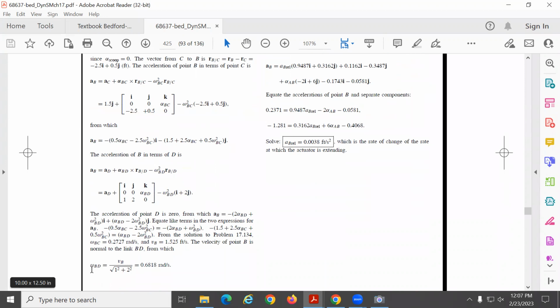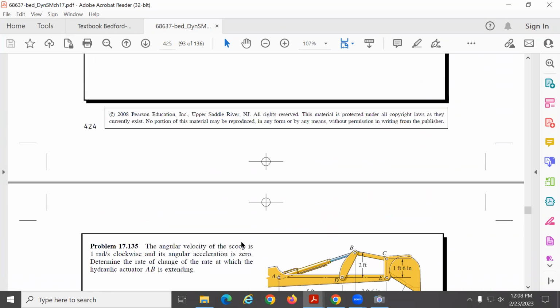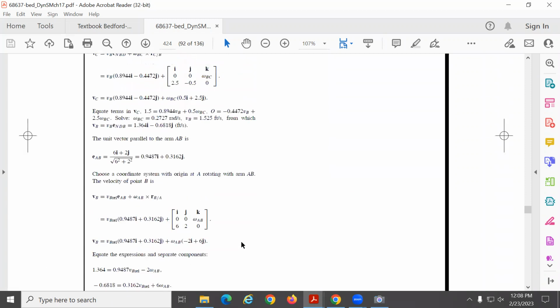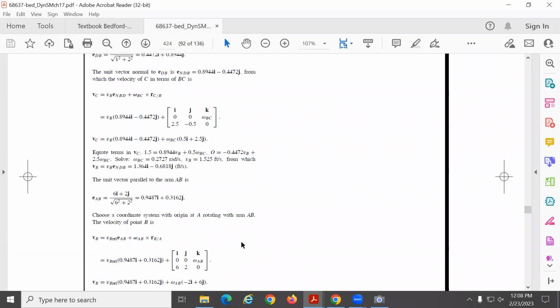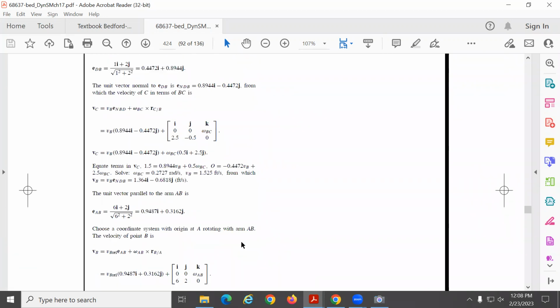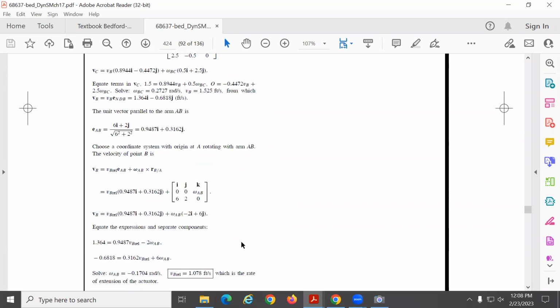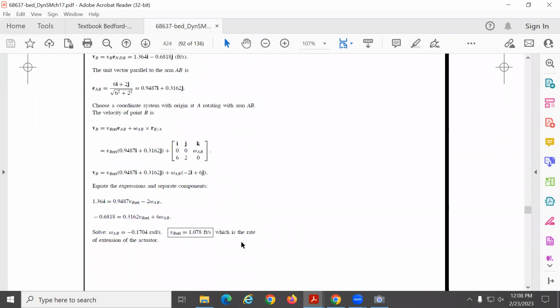I don't know what they do here. What did they do to it?